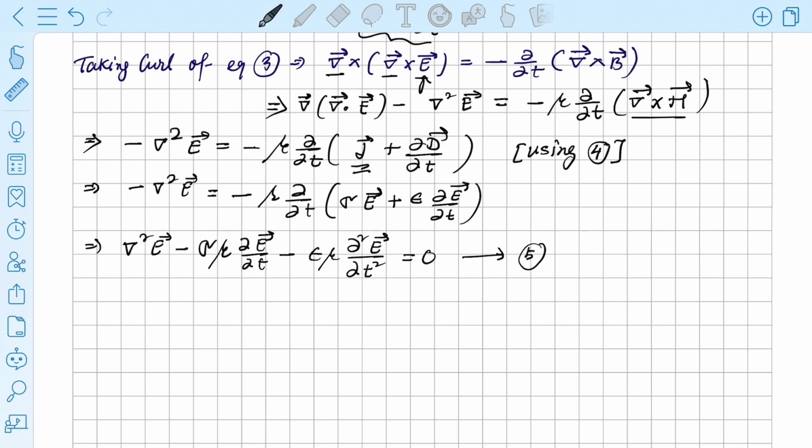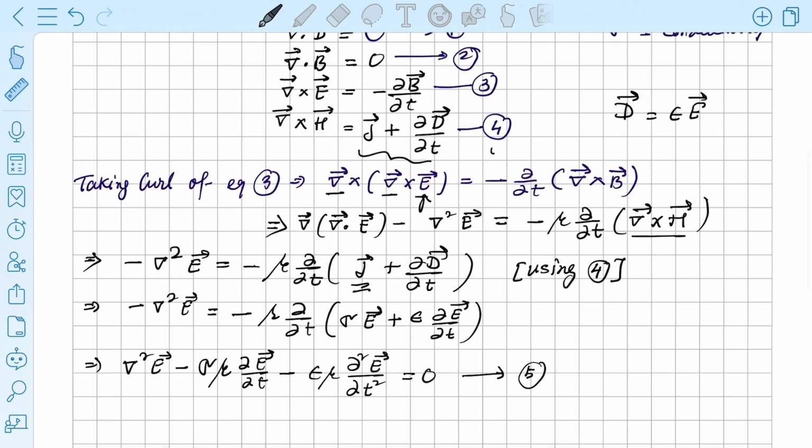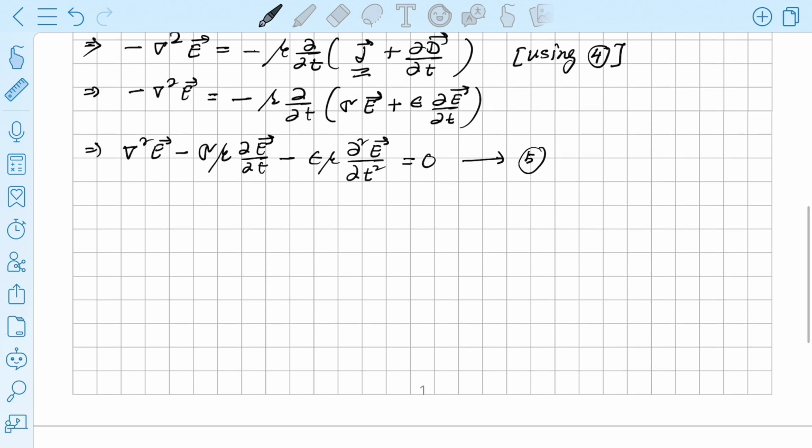Similarly, if we take the curl of equation number 4, we can obtain a similar equation.